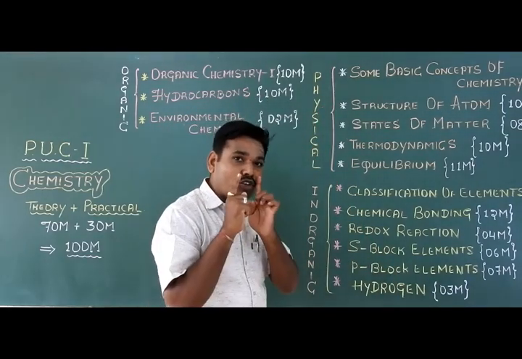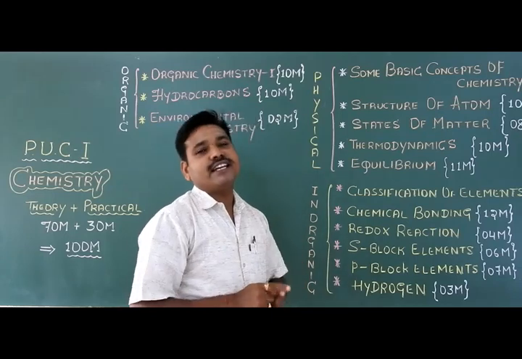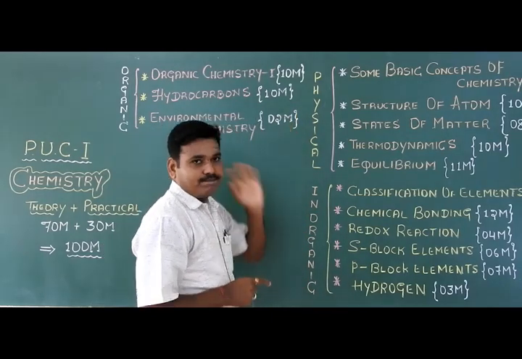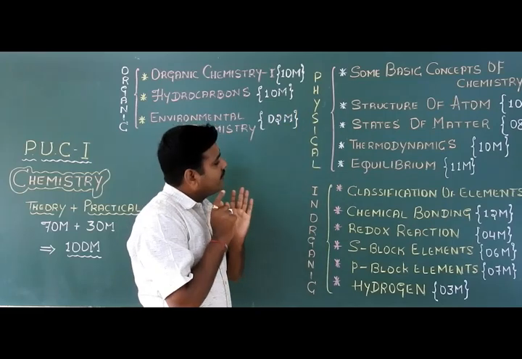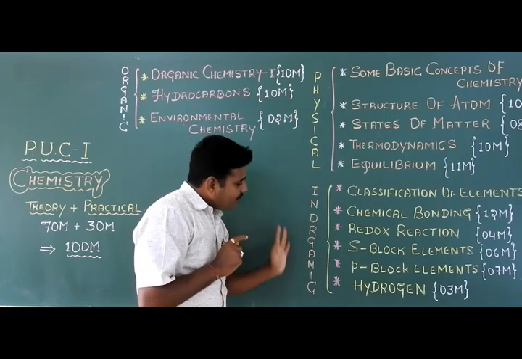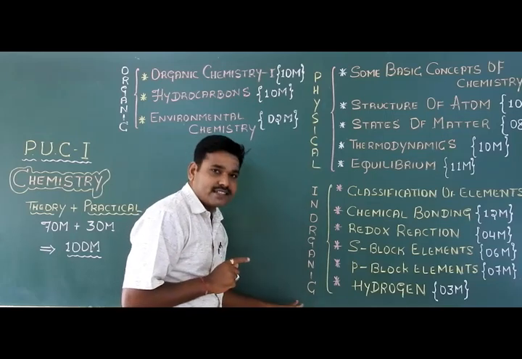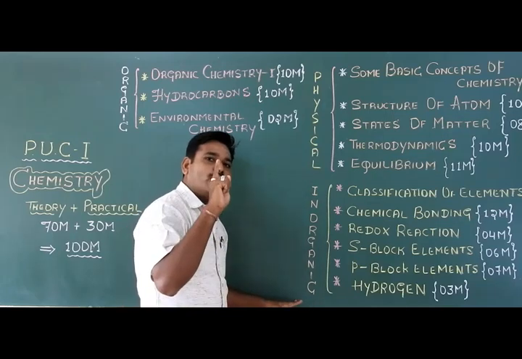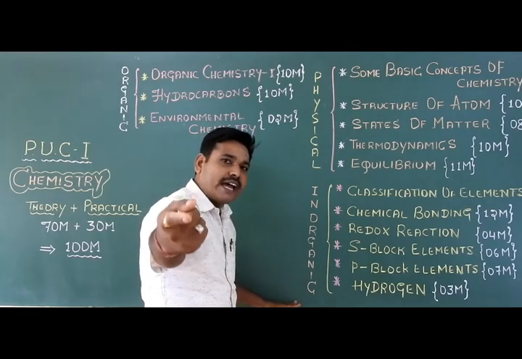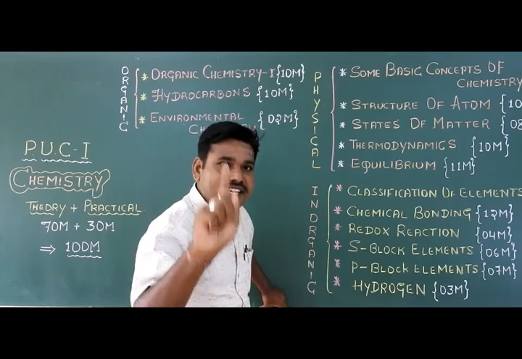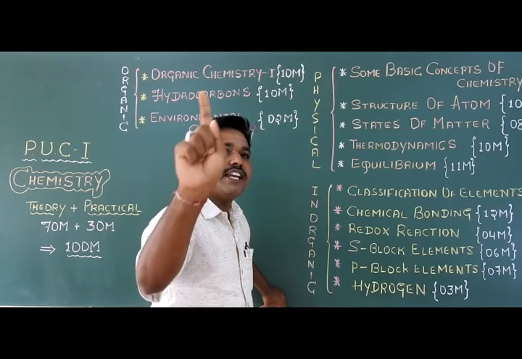Out of 14 lessons, 5 lessons come under physical chemistry. The second important section in chemistry is the inorganic section. Already you know that 5 lessons belong to the physical section and 6 lessons come under the inorganic part.